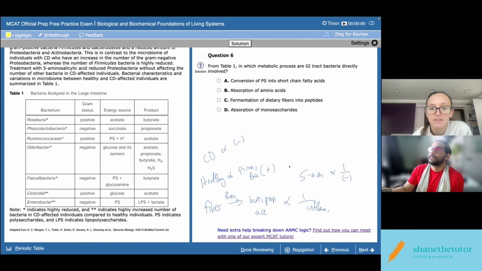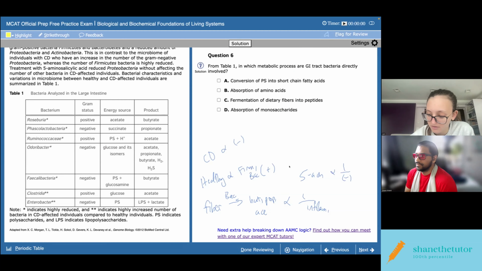Immediately looking at it, A is wrong because that's only the energy source for like three of them. I guess we'll just table it for a second because it does come up a few times.